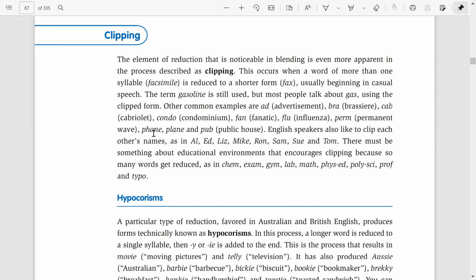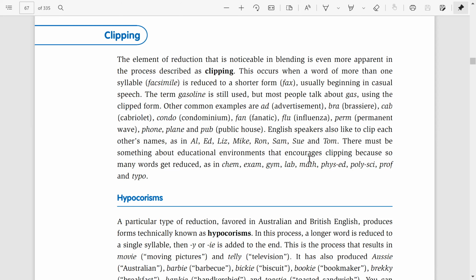We have clipped the word and we just use the clipped version of the word. And in some other examples, for example, phone, plane, and pub from public house. So these are also clipped versions. Aeroplane, we normally use plane, and instead of telephone we use phone, etc.